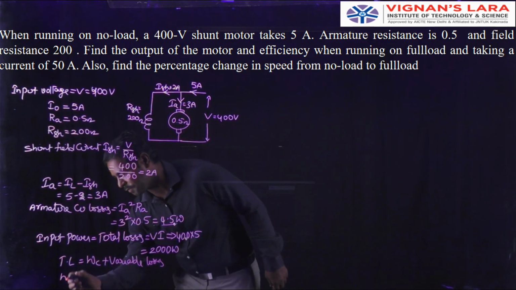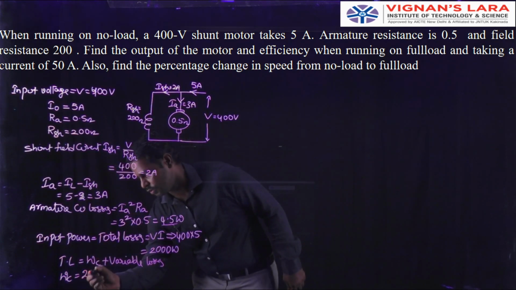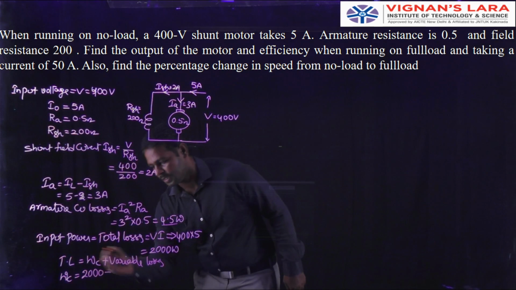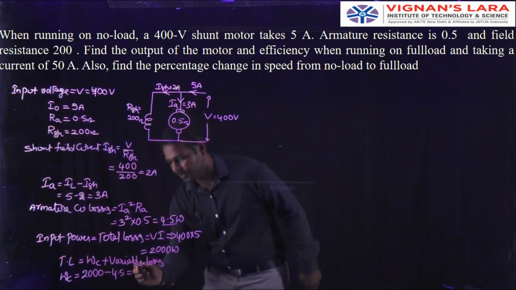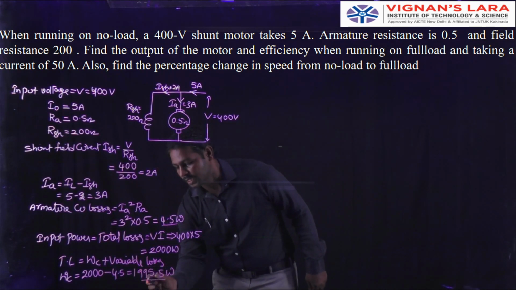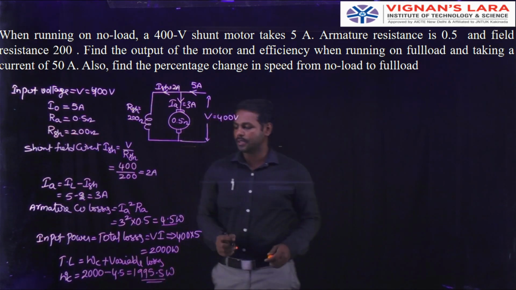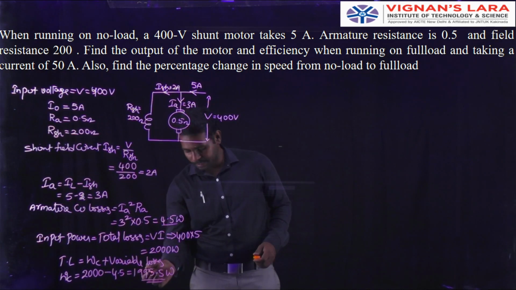Then the constant losses are equal to total losses 2000 minus variable losses 4.5, which is equal to 1995.5 watts. Based on the Swinburne test, we can find out the constant losses in a DC motor.